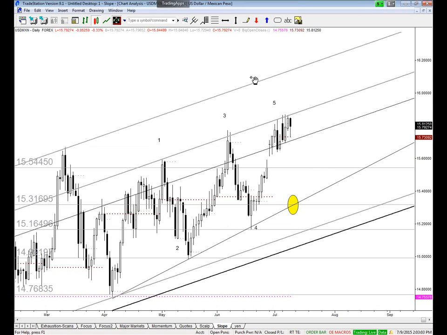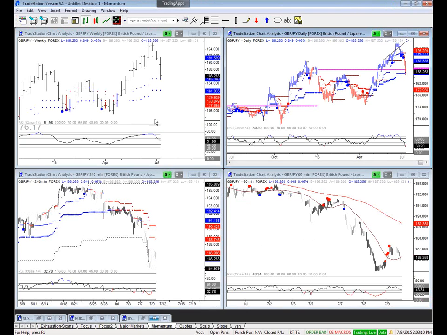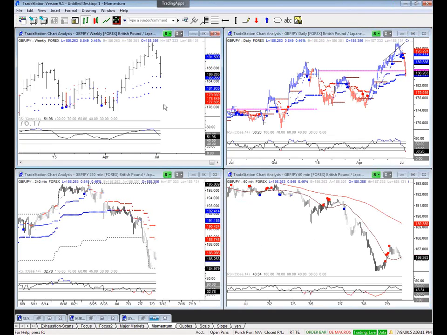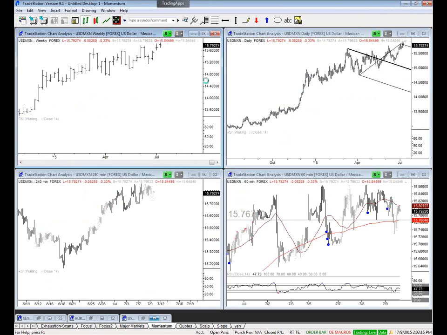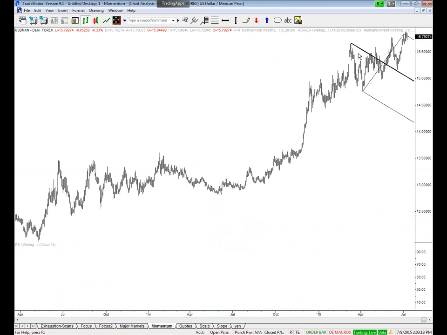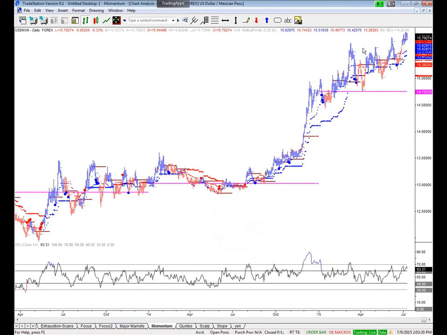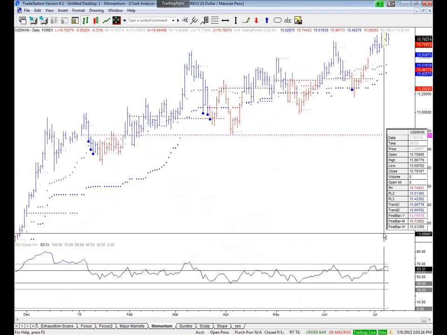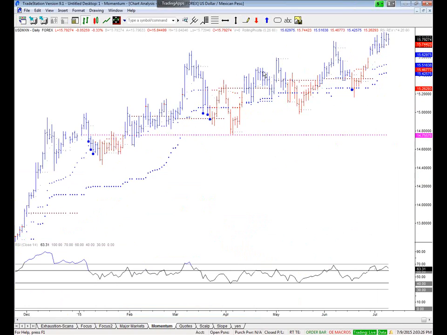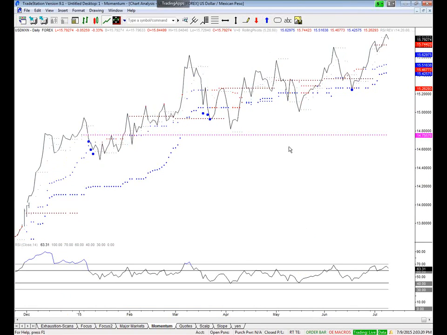But the momentum, as mentioned, via RSI, has been absolutely dreadful on the daily. If we look at the daily chart, dollar mex, right? You can see the divergence. Look at the close prices here.